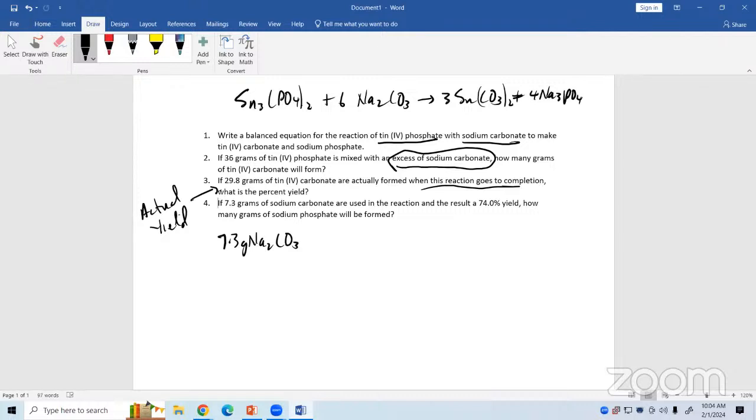So what we have to do is actually find out the theoretical yield based on this amount of sodium carbonate being used to begin with. So the first thing I would do is convert this to moles. I'm going to have 1 mole of Na2CO3 above, and then the molar mass of sodium carbonate is, I have to calculate that.